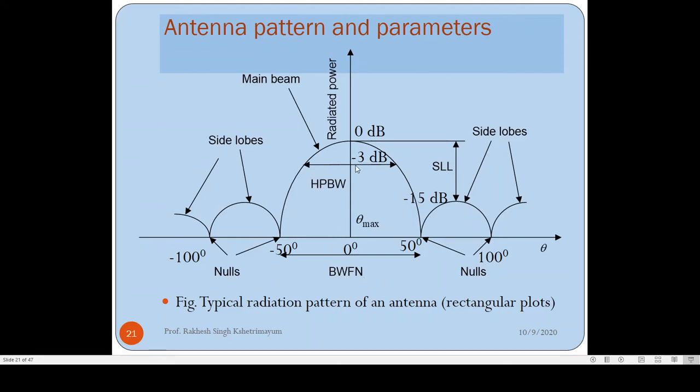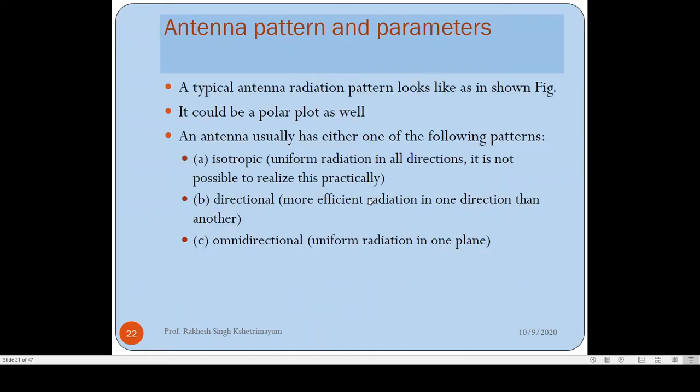You also have, see, maximum is 0 dB, this is the minus 3 dB point, and this is the minus 3 dB point. This angle is called the half power beam width. So if you have a larger value of half power beam width, you will have a broader beam. And if you have a lesser value of half power beam width, you will have a narrower beam. So these parameters specify the properties of the antenna radiation pattern.